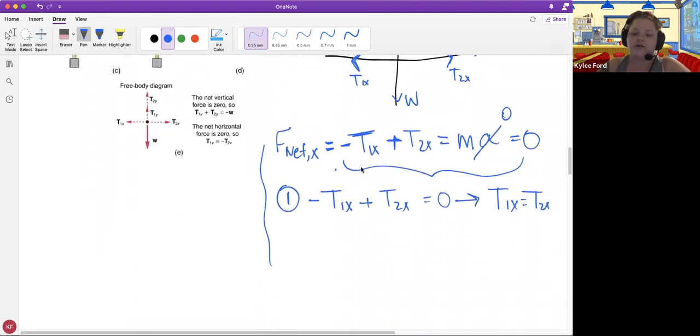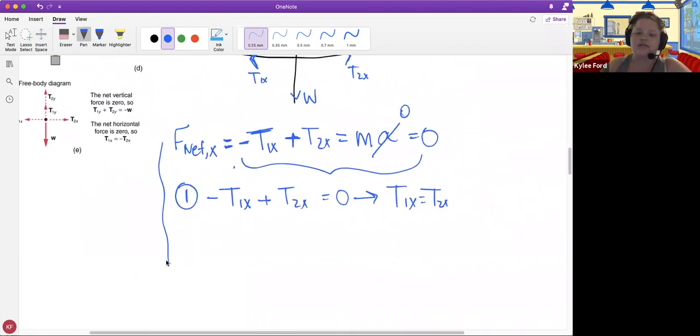So I'm going to go back down here. And I'm going to now say that T1X, okay, so this here is going to be T1 times cosine of theta 1, okay, equals T2 times cosine of theta 2, okay? So hopefully you guys remember that from when we were doing so many additions of vectors, okay, and how to break those down, okay?